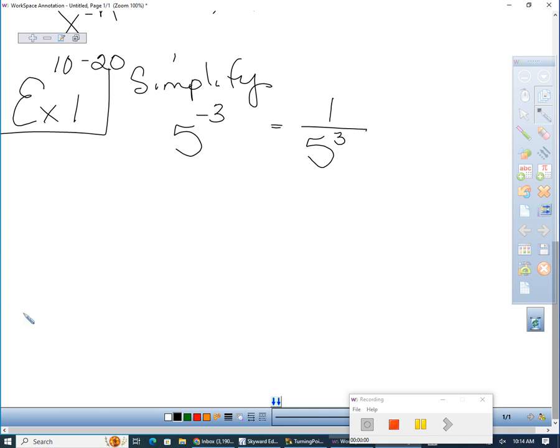There's always a 1 left behind, because technically this is 1 times 5 to the negative 3. So 5 to the negative 3 moves to the bottom. That magical 1 is always there. Now we simplify this. This is 1 over 5 times 5, which is 25, times 5. 125.